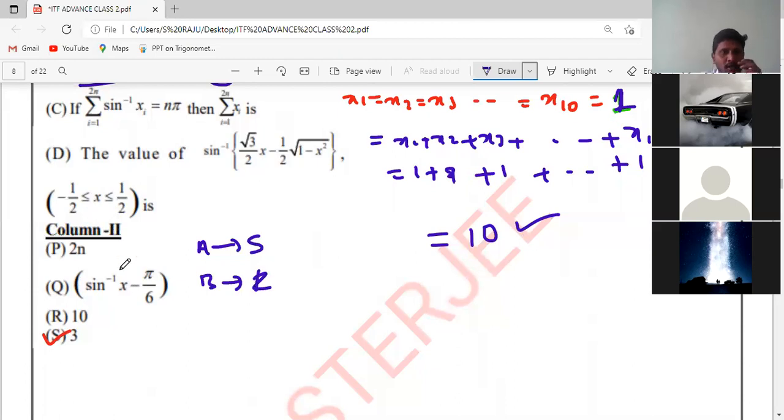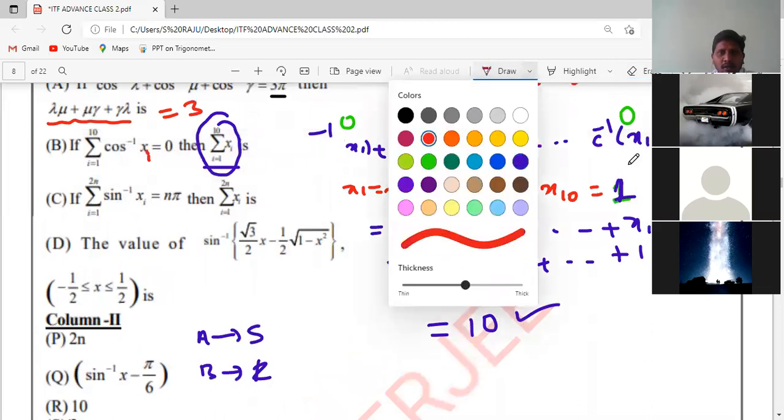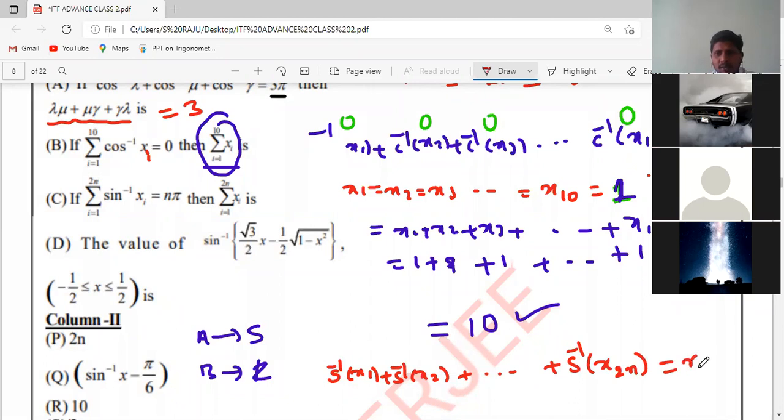Let us see the third, C. The C option also we can do in the same way. Anyone can tell at least here, if I expand this summation till 2n, not 2 pi, i equal to 1 to 2n: sine inverse of x1 plus sine inverse of x2 plus so on, sine inverse of x2n must be equal to n pi.